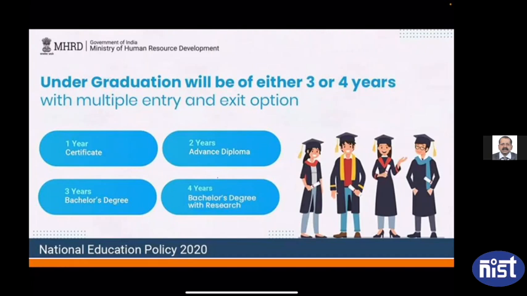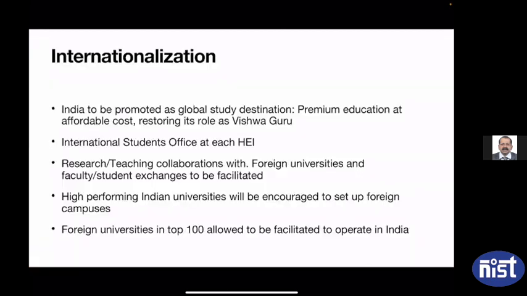You leave after 3 years, you complete, you get a bachelor's degree. And if you do leave after 4 years, you get a bachelor's degree with research. So this is what will be the new undergraduate structure, and people can leave at any stage and join back from that stage onwards, maybe in a different college.